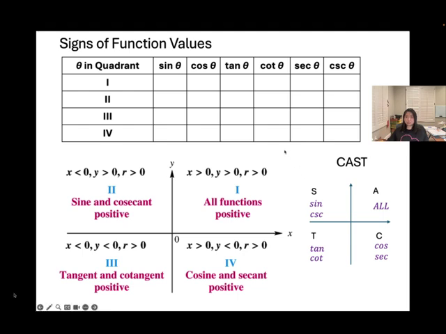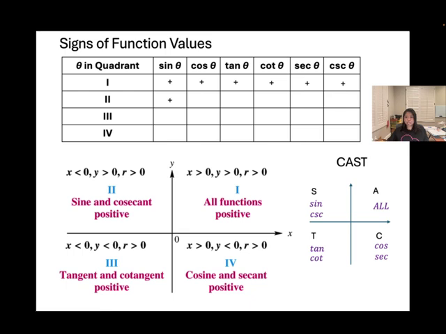Now let's try to fill in this table. In quadrant 1, all 6 trigonometric functions will be positive. So I'm going to write it down. Quadrant 1, all the trigonometric functions will be positive. Quadrant 2, sine is positive.